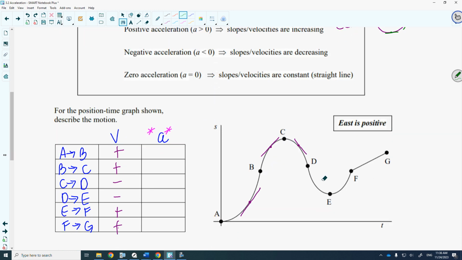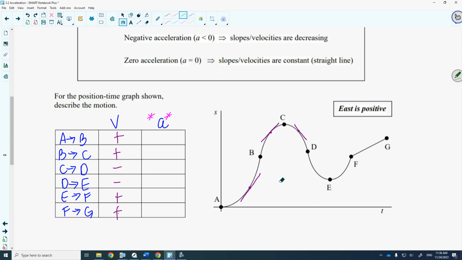So on this graph here, this is a position time graph. Anywhere that's concave up, your acceleration is going to be greater than zero. So this piece is concave up, acceleration is greater than zero. This piece here is concave up, acceleration is greater than zero.